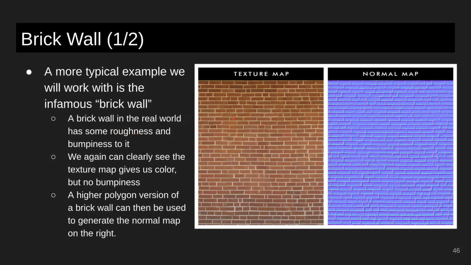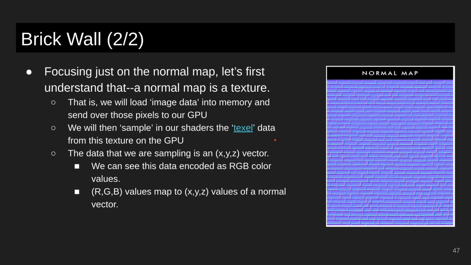Okay, so again, here's the texture map, here's the normal map of the brick wall. I want to focus just on the normal map for a moment. It's just a texture, so we're going to load this image data as we previously did into memory using glGenTextures, and then sample from this normal map each individual pixel, which we refer to as texels. When we have a texture on the GPU, we call them texels instead of pixels.